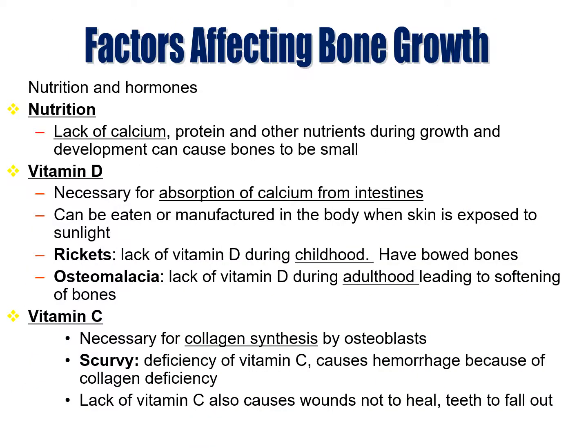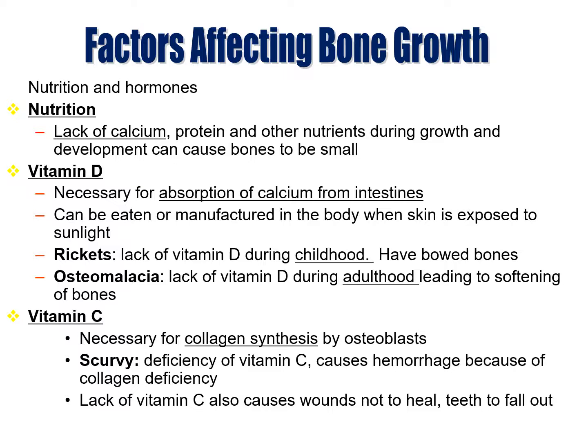Nutrition plays a very important role in affecting the growth of bones. Bones need calcium. So if there is lack of calcium or protein, then the bone growth would not be adequate and bones would be small. Also, vitamin D is required for effectively absorbing the calcium from your food in the intestine.